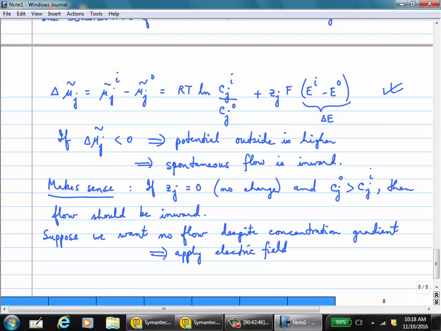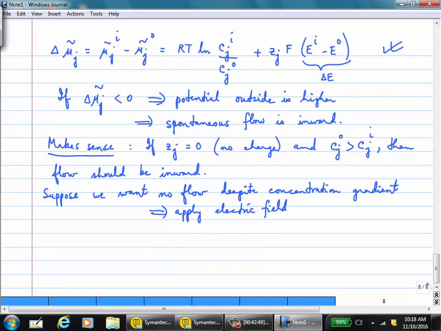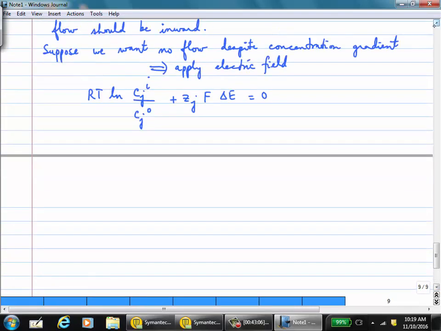So if you set that equal to 0, you will get the equation RT ln Cji divided by Cjo plus Zj F times delta E equal to 0, which means that delta E must be equal to RT over Zj F natural log of Cjo over Cji.